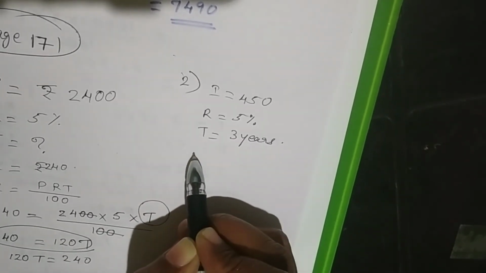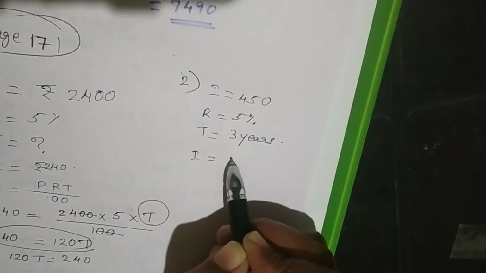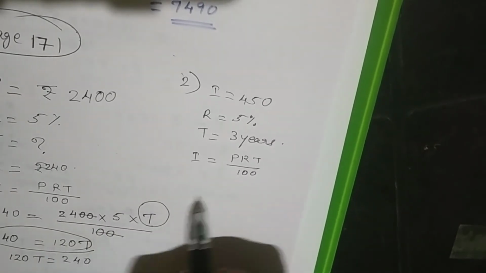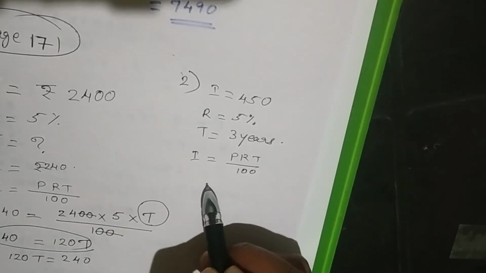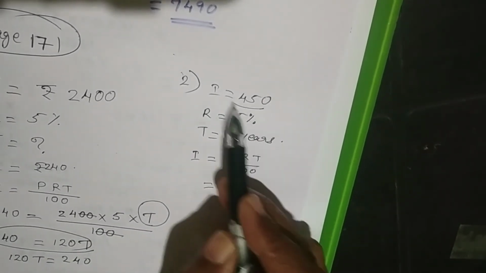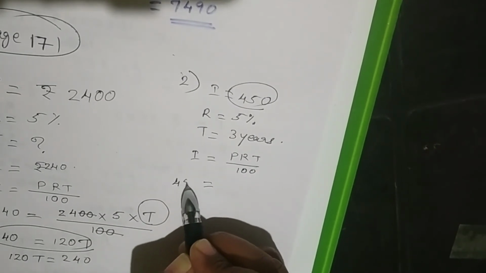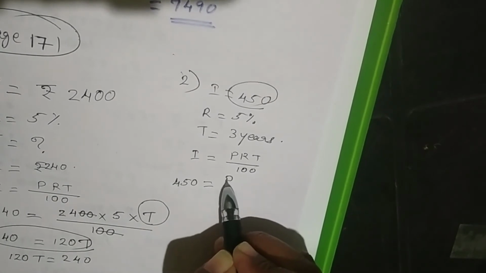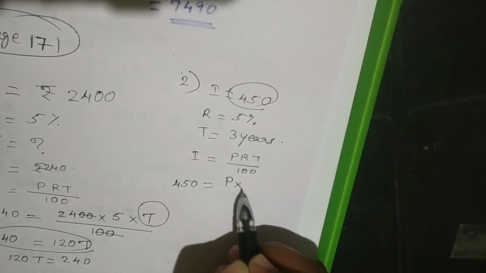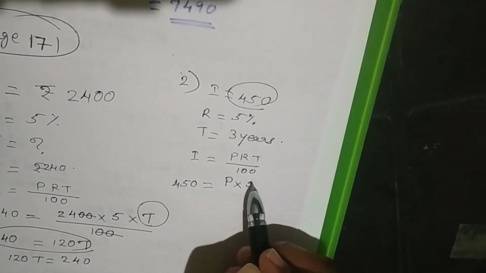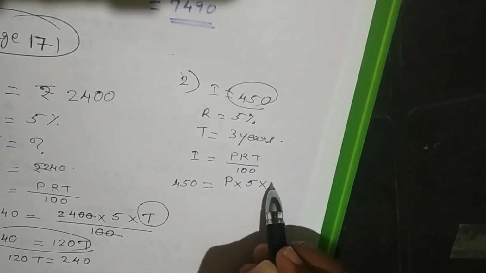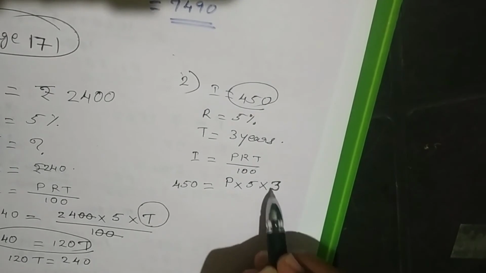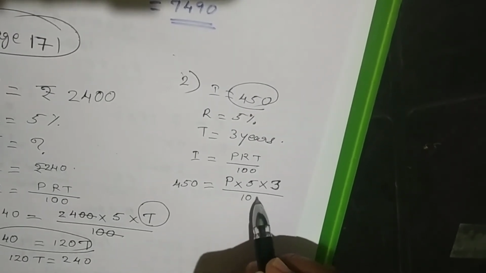Then I is PRT on 100. Here P we don't know, but we know 450 was the interest. So we can write P here. Then rate per 100 is 5 rupees. Then T is 3 years. Then 100.